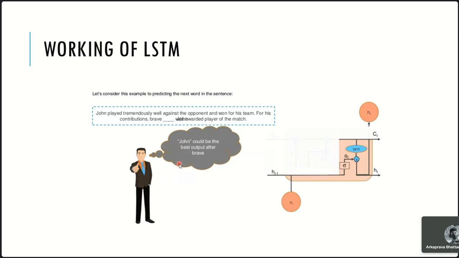John played tremendously well against the opponent and won for his team. For his contributions, brave John was awarded player of the match. So that's the sensible conclusion for this sentence, and the conclusion for the lecture on LSTMs. I hope you have understood the working of LSTMs and RNNs.